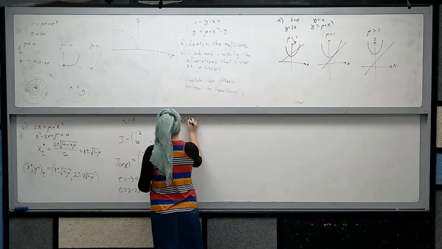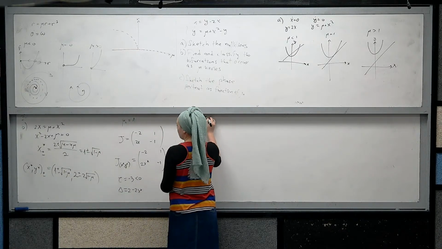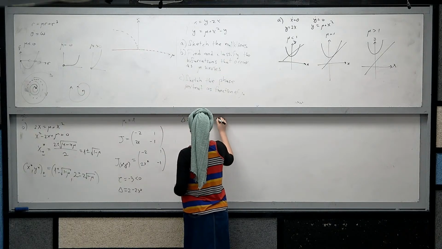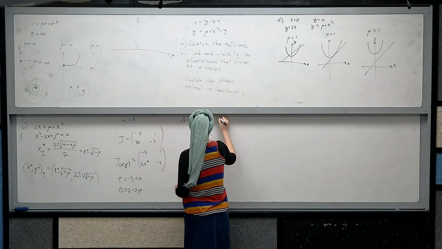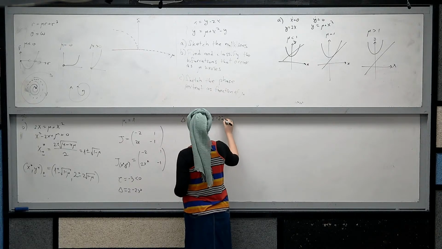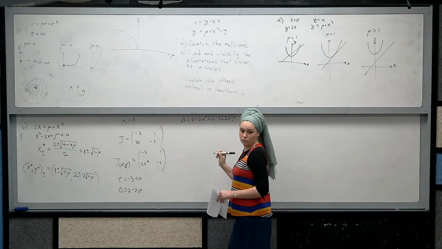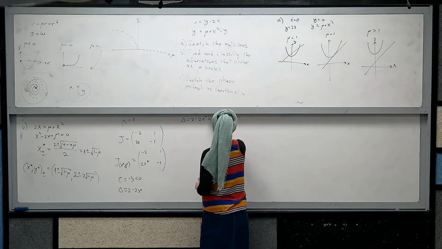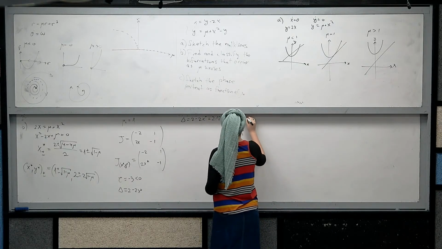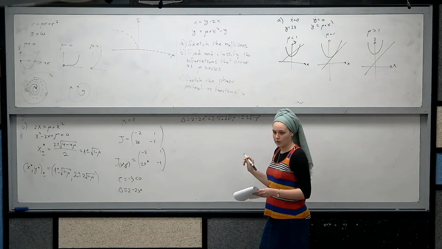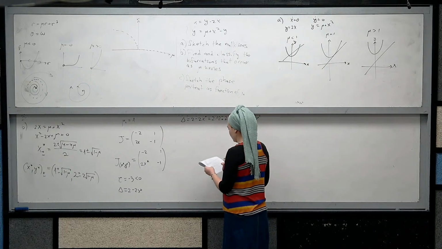What does it mean? It is 2 minus 2 minus plus 2 square root of 1 minus mu. Right? This is minus plus 2 square root of 1 minus mu.